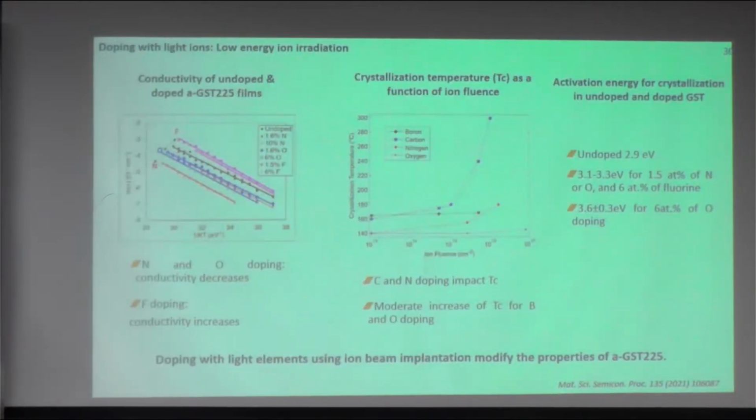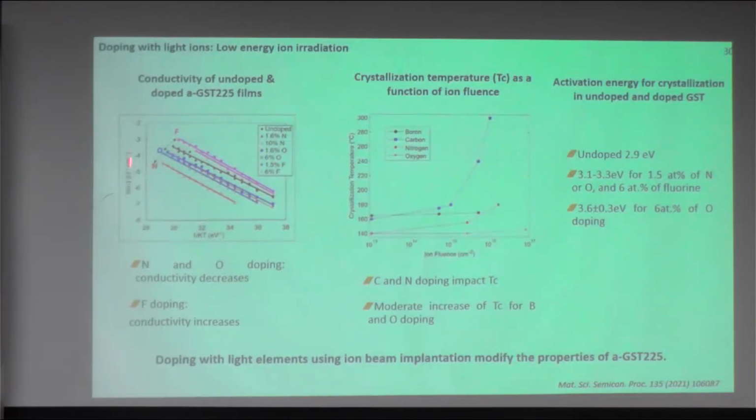Now let us look at some experimental results. If you make material doping, if you want to modify properties like conductivity, we can introduce some elements into the material, and then we can tune the properties.